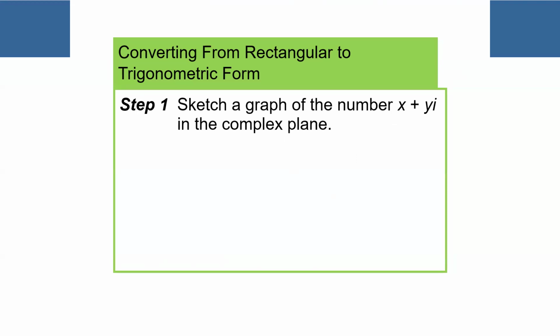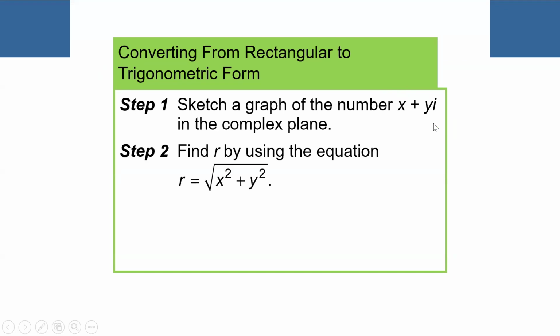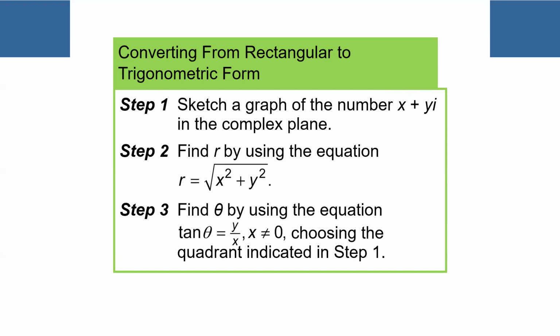Okay, so we're going to graph x plus yi first. So we graph in the complex plane. Remember, when you're graphing, your x is your real, your y is your imaginary. After that, we're going to use r equals the square root of x squared plus y squared to find our radius. And then we're going to find our theta.